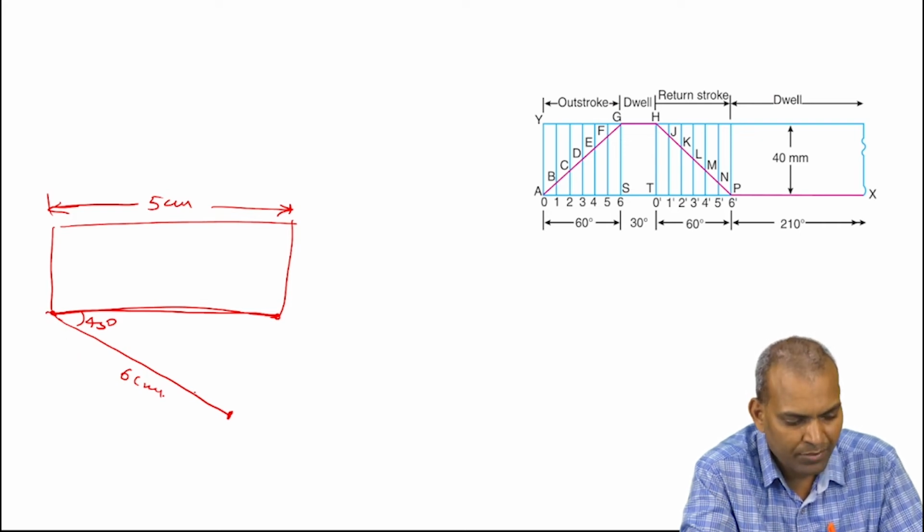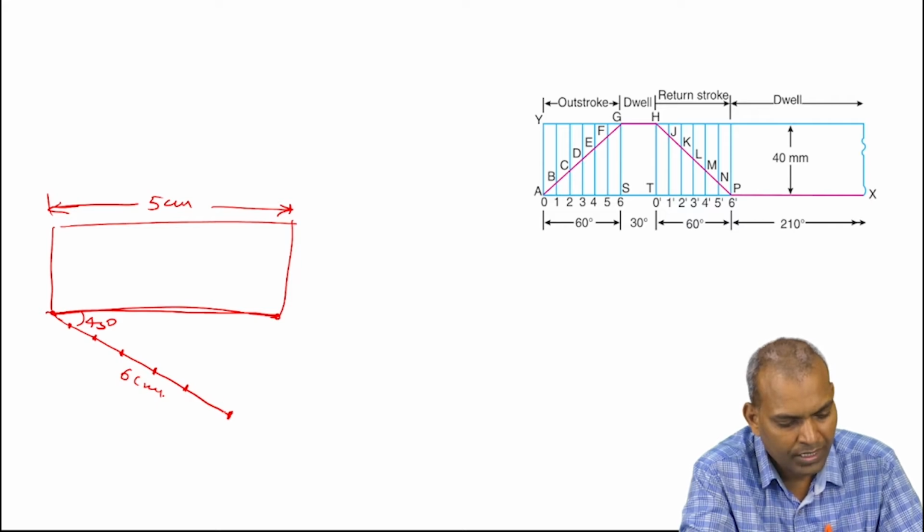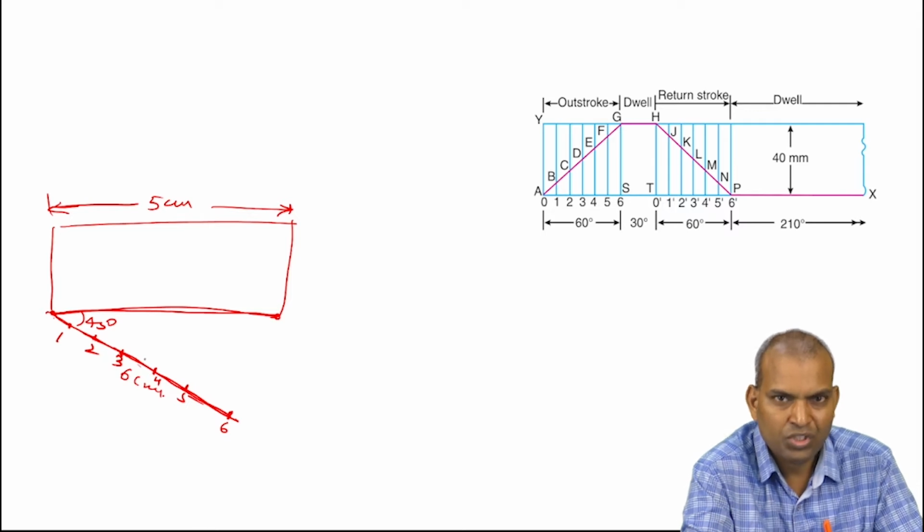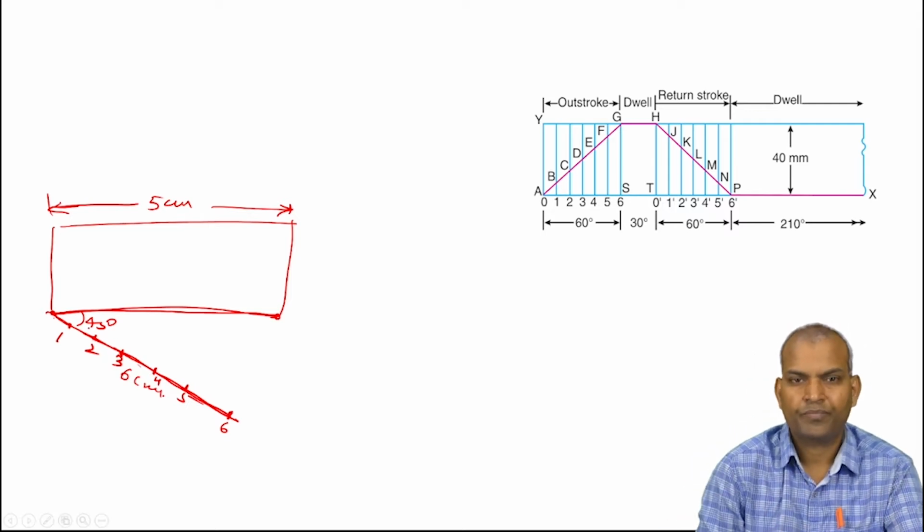So this 6 centimeters you can divide into 6 equal parts: 1, 2, 3, 4, 5, like that. Equal divisions, these are 1, 2, 3, 4, 5, 6. This line is 6 centimeters, equally divisible.